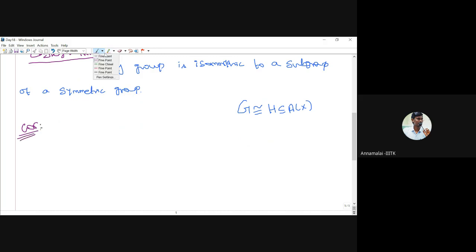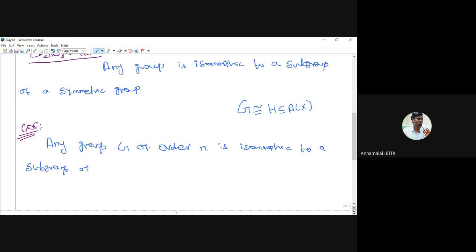So what is any group of order n? Maybe it is cyclic or abelian or anything, but any group G of order n is isomorphic to a subgroup of the symmetric group S n.